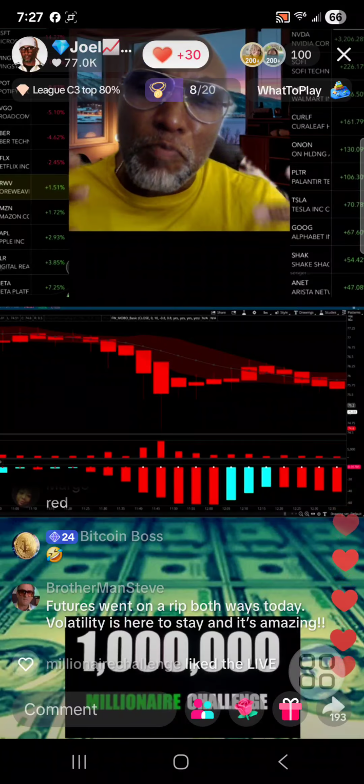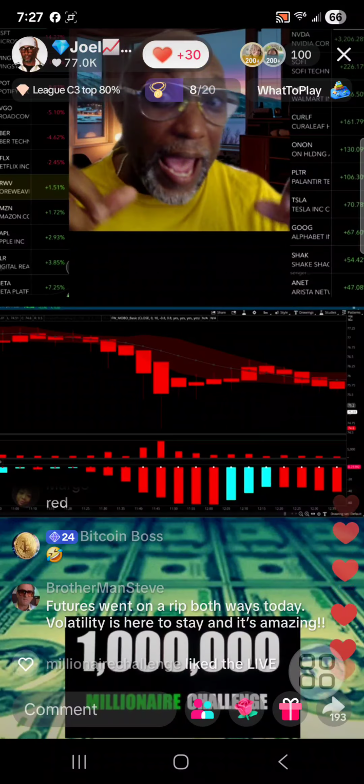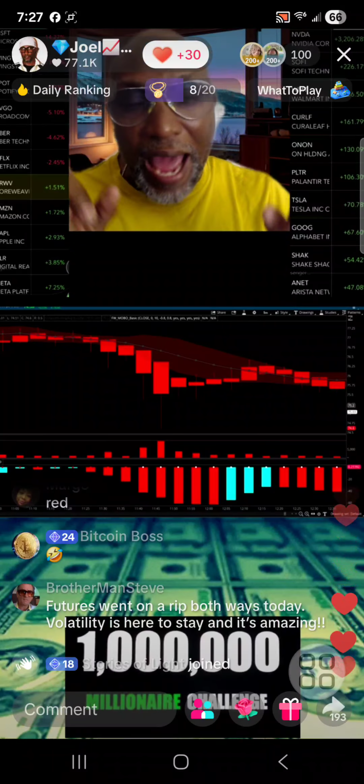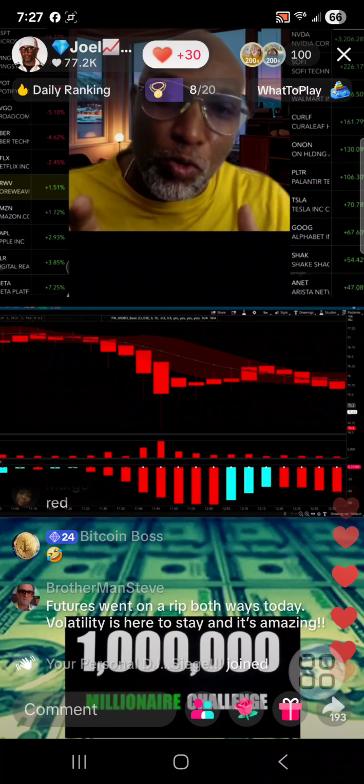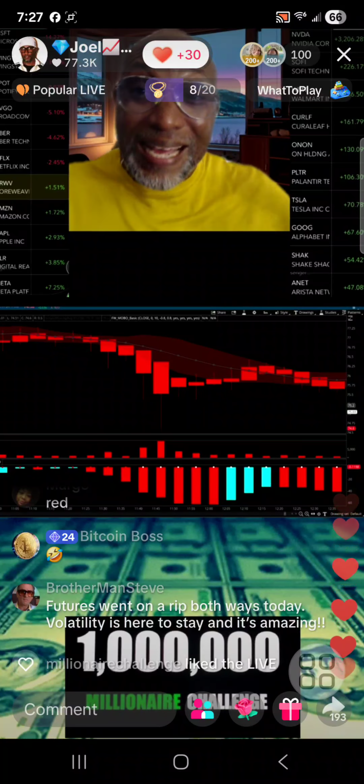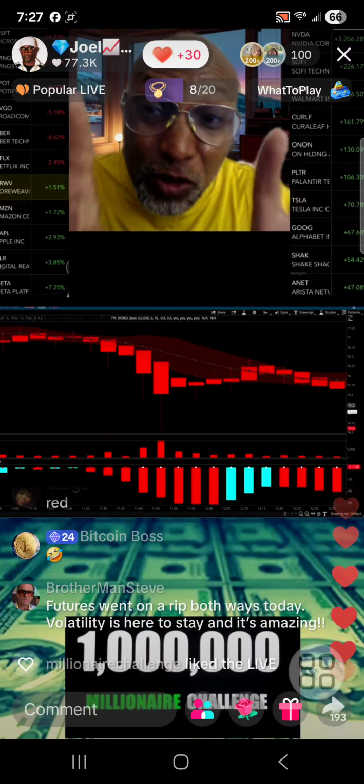The average move, I want you guys to hear me out. The average move, I know sometimes you might get a 100 candle move. The average move on any time frame is 10 candles.